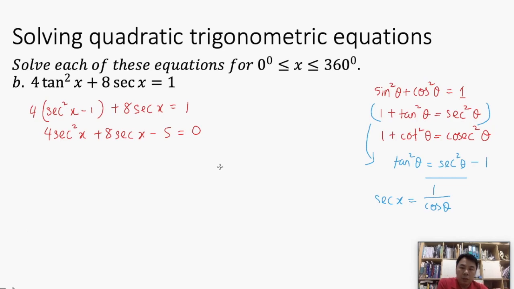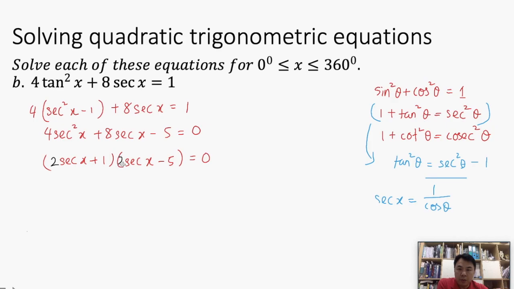Okay, so just let me try to factorize that. So that will be a 4 secant x plus 1, I believe that, and then I have another factor which is minus 5 equals 0. So just let me roughly check what I have. Did I get it right? No, I did not get it right. I accidentally forgot to put this, so I'll make the correction here.